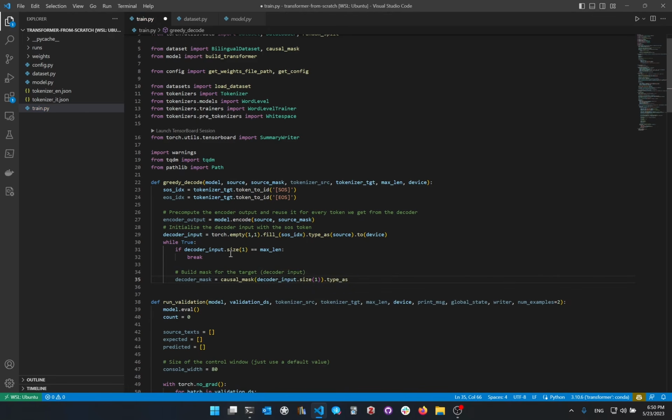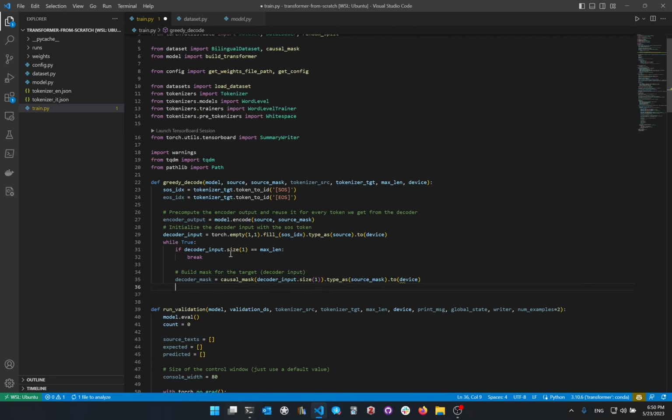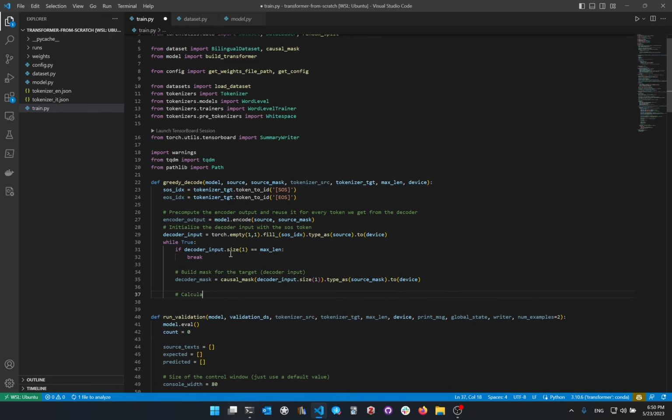And we don't need the other mask because here we don't have any padding token, as you can see. Now we calculate the output.